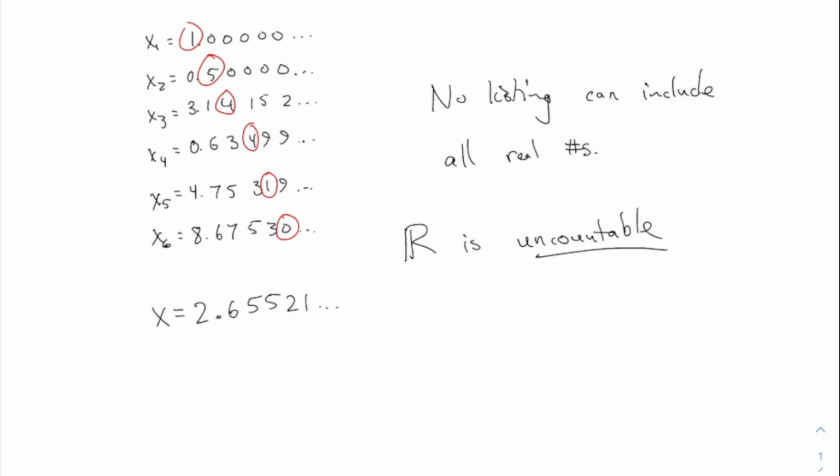If you will allow me to use this number sign to mean the cardinality, the cardinality of the real numbers is greater than the cardinality of the natural numbers, right? The natural numbers are countable, and the cardinality of R is more than that. Actually, Cantor had names for these different cardinalities, and he used the Hebrew alphabet.